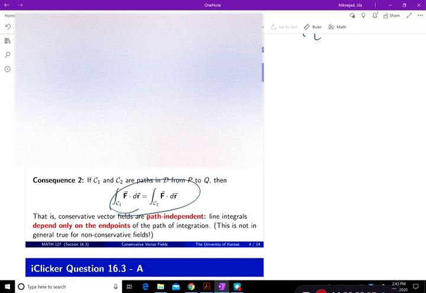We use both of them a lot, especially this one. This is basically saying that conservative vector fields are path independent. And so the line integral only depends on the endpoints, not the path of integration, when you're trying to do vector line integrals. So let's do an iClicker and then do an example for this part.